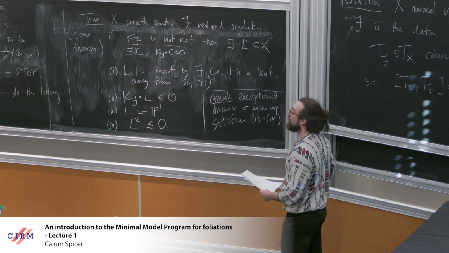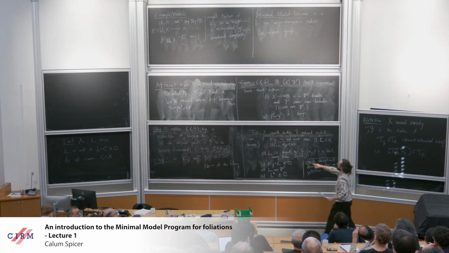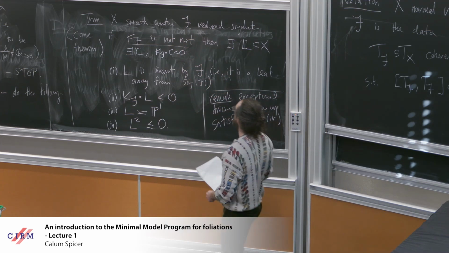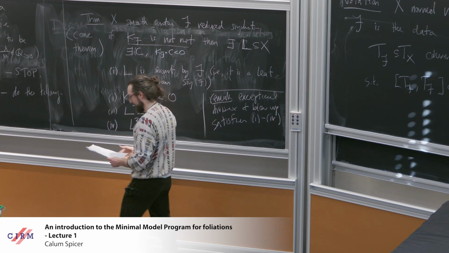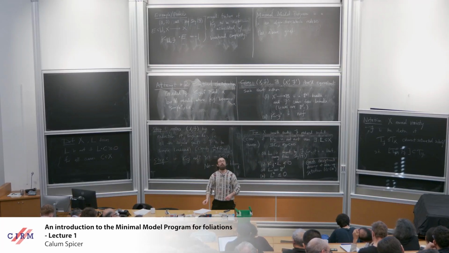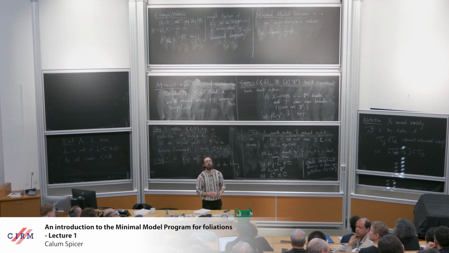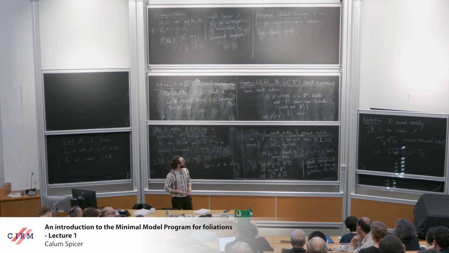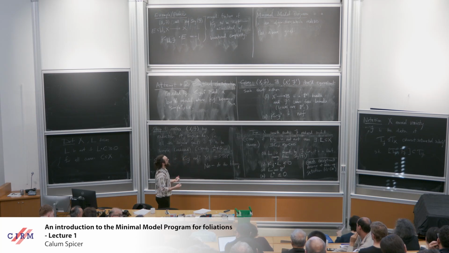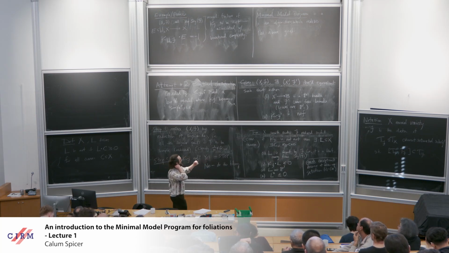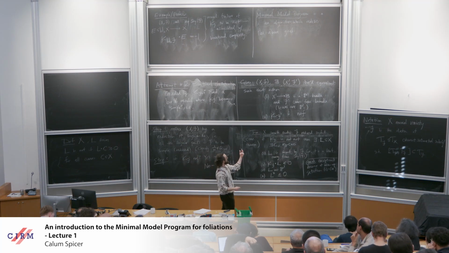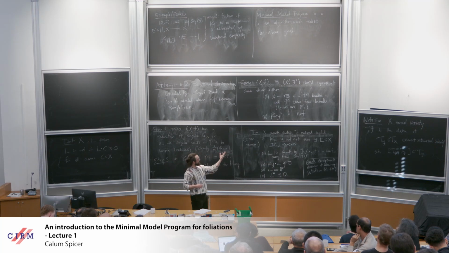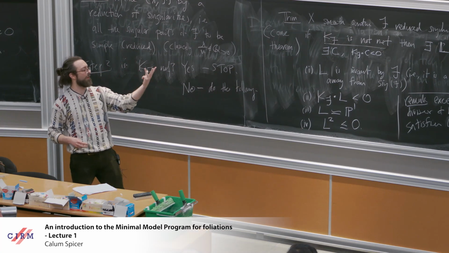Yes? So X is a smooth surface. I'm thinking about surfaces today, but we'll see that smoothness is a bit of a lie in a second. The way the proof works is we go to the Kleiman-Mori cone.